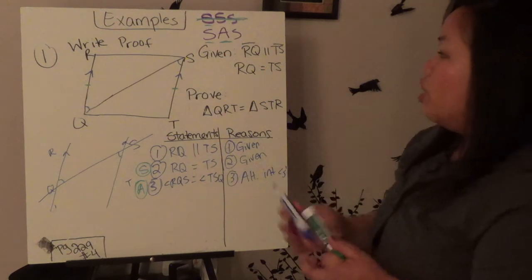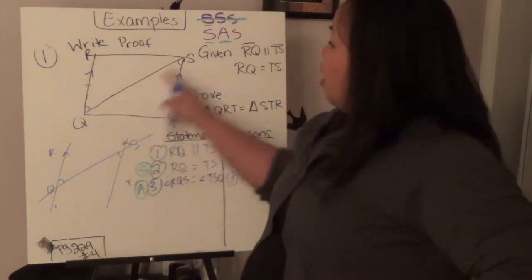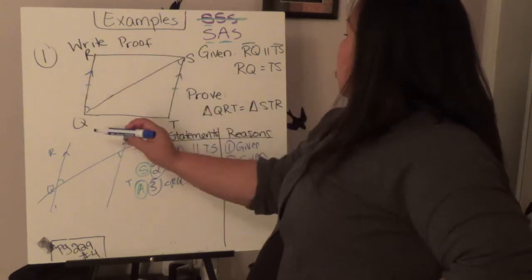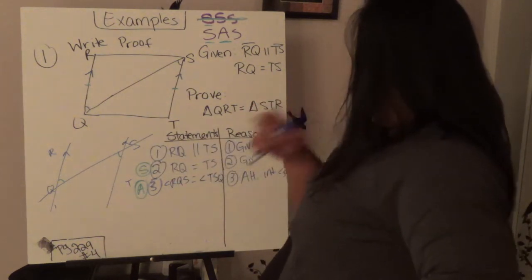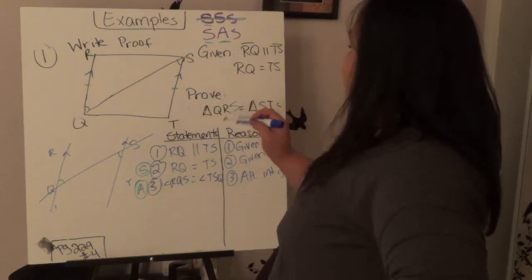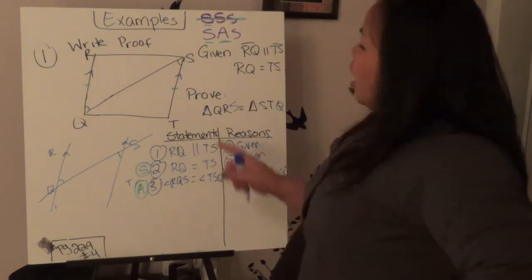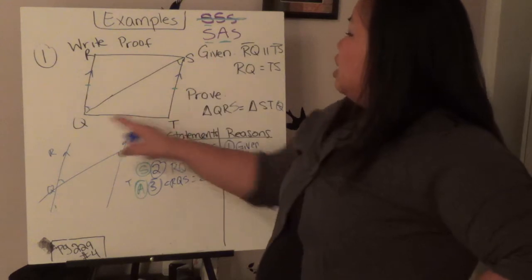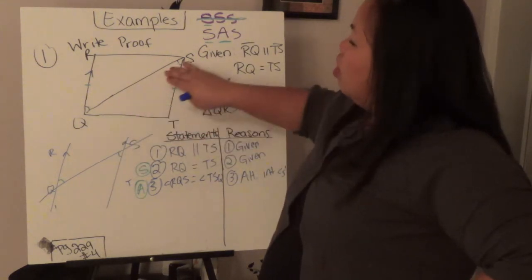But the thing with this triangle is that they both share a common side, which is QS. Do you see that? So angle QRS and angle STQ. They're not equal, but you see this line right here.